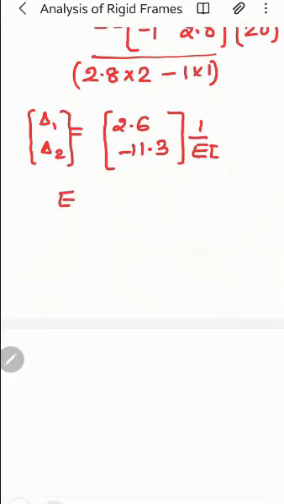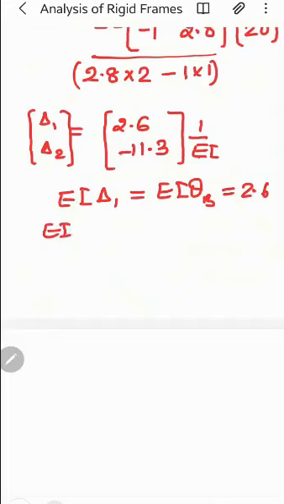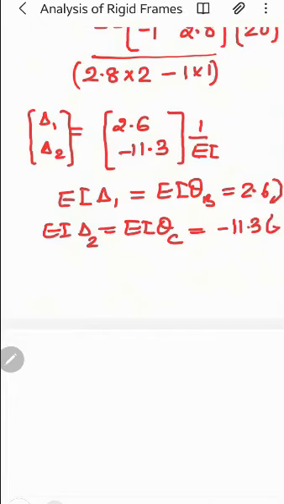You take this EI to this side, so EI delta 1 is equal to EI theta B, which is equal to 2.6, and EI delta 2 is equal to EI theta C, which is minus 11.3. So this is clockwise rotation, this minus is anti-clockwise rotation, right?